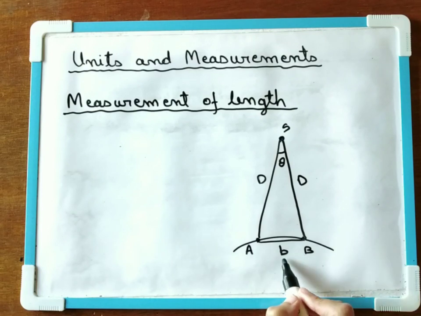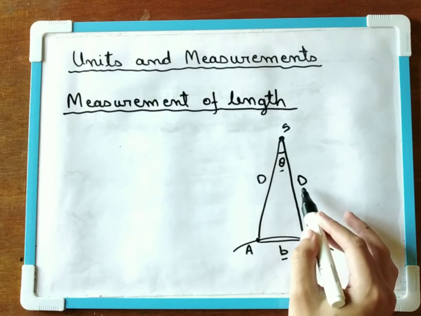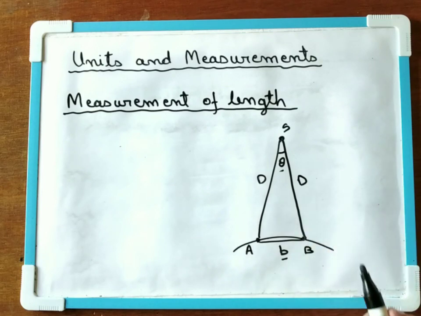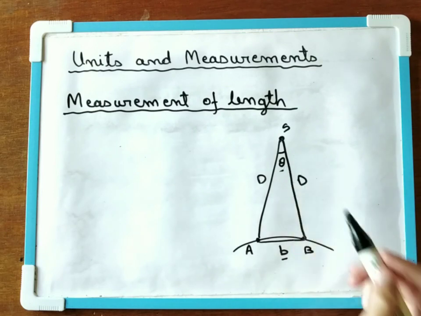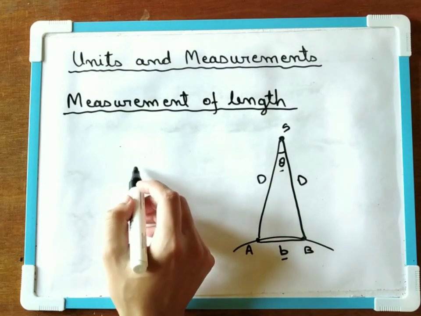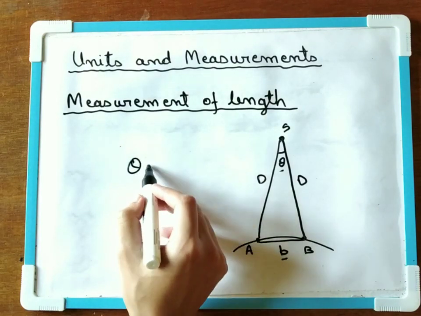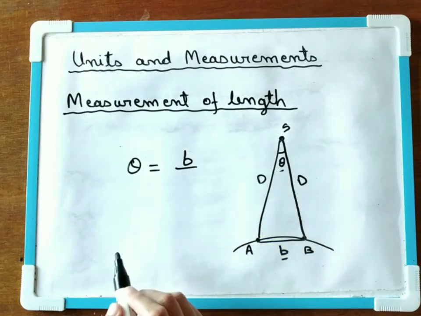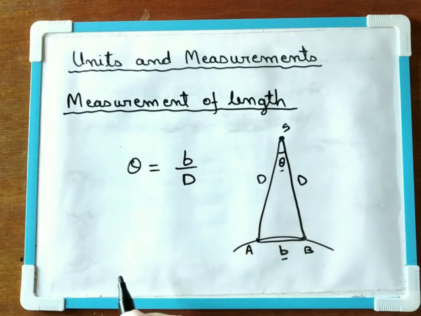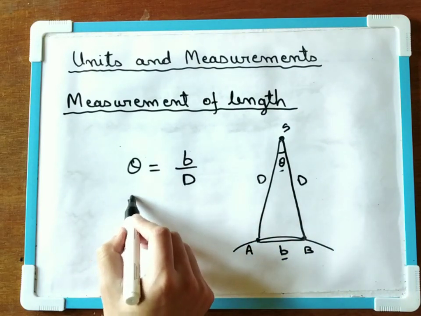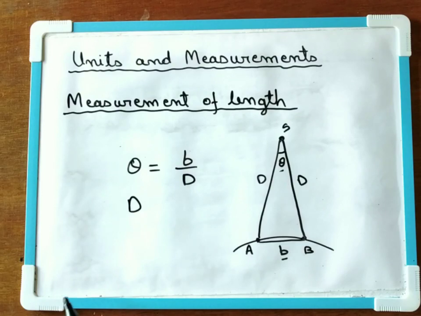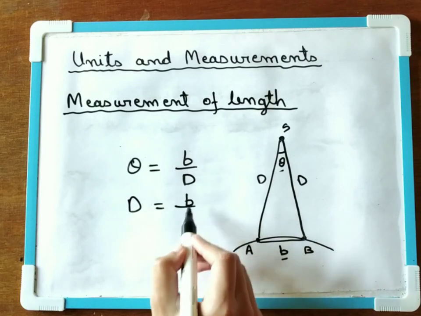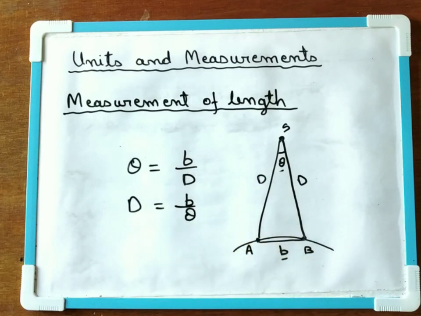So if you know the value of B and theta, then you will know the value of D. Now this B here is taken to be the arc length, D is taken to be the radius of a circle, and theta is the plane angle. So from the definition of radian, theta is equal to the arc length B divided by the radius D. So the distance of the planet S from the Earth will be given as B by theta.